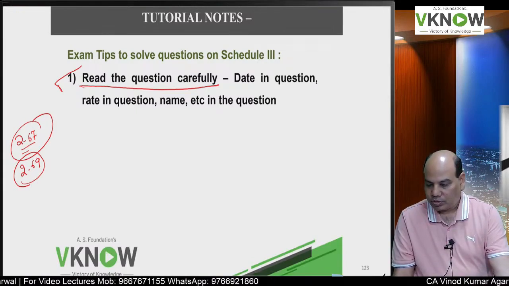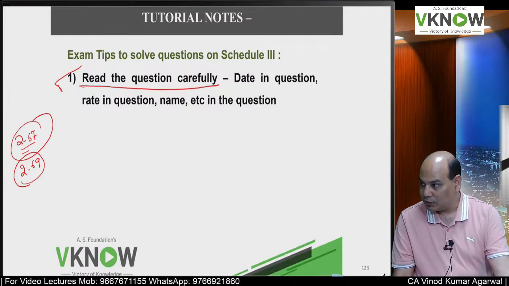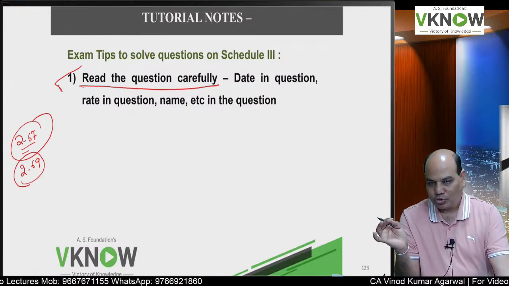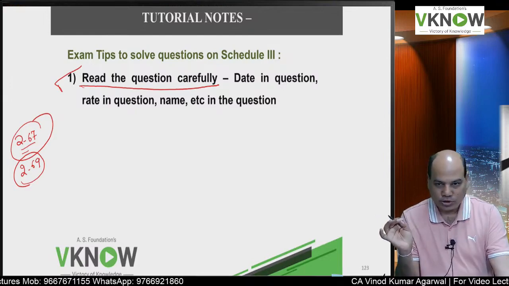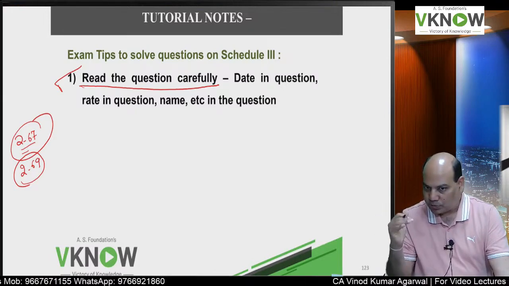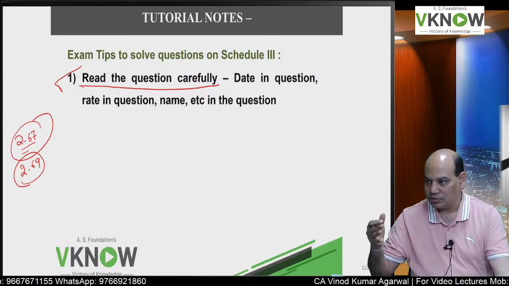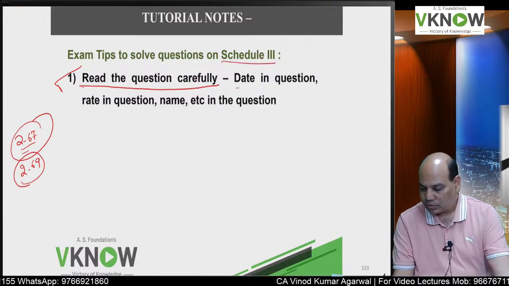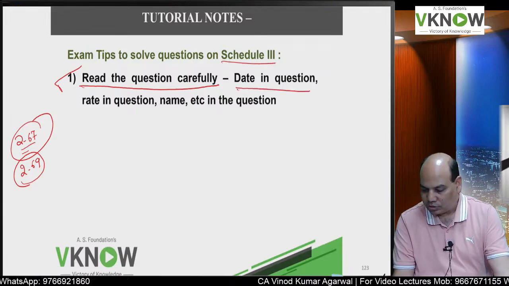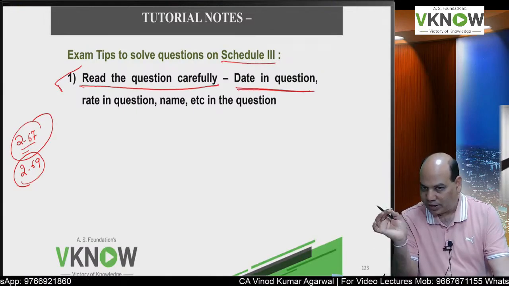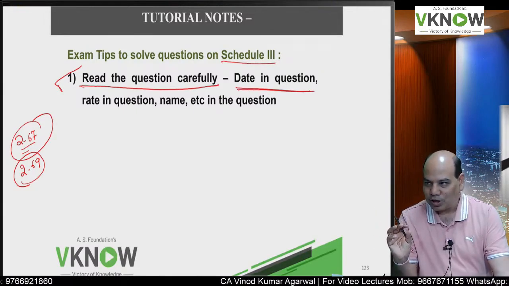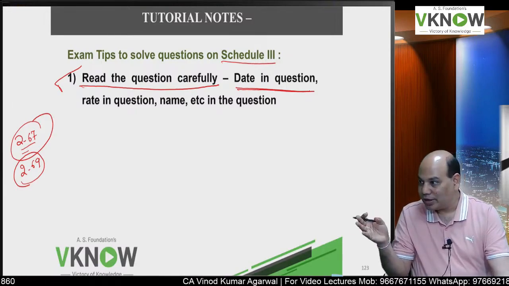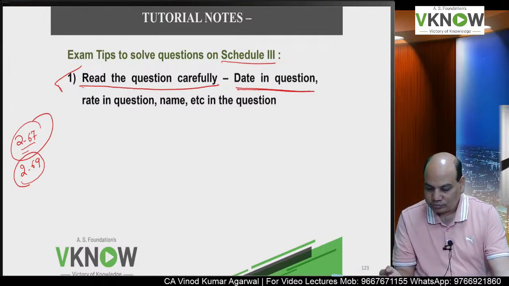Right? So you have to read the question carefully. You get 15 minutes before the exam when you can start writing. So read the question paper carefully in those 15, especially the long questions. And in Schedule 3 question, and also in other chapters, you have to mark the dates because they will ask you to calculate depreciation, interest, which will depend on the dates, present value.